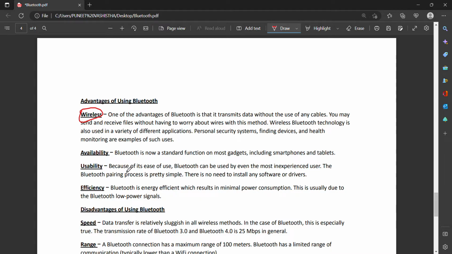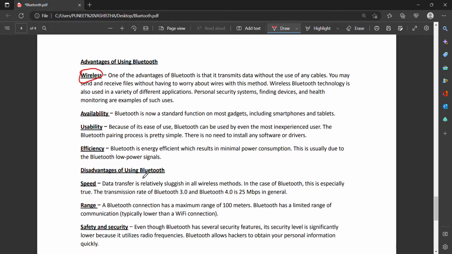It is a short area network, we know, but it works well in the short area, right? For usability, it is easy to use, and Bluetooth can be used by most experienced users as well. The Bluetooth pairing process is very simple, and it doesn't need any installation before usage, right? The efficiency is very high, because it doesn't take that much energy.